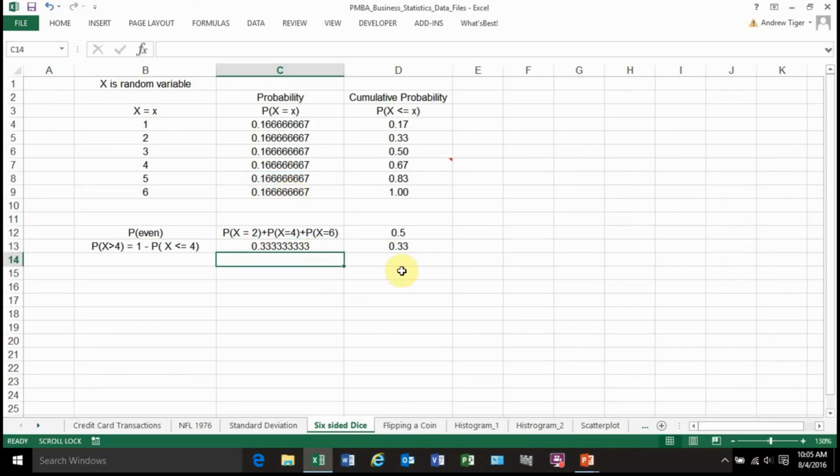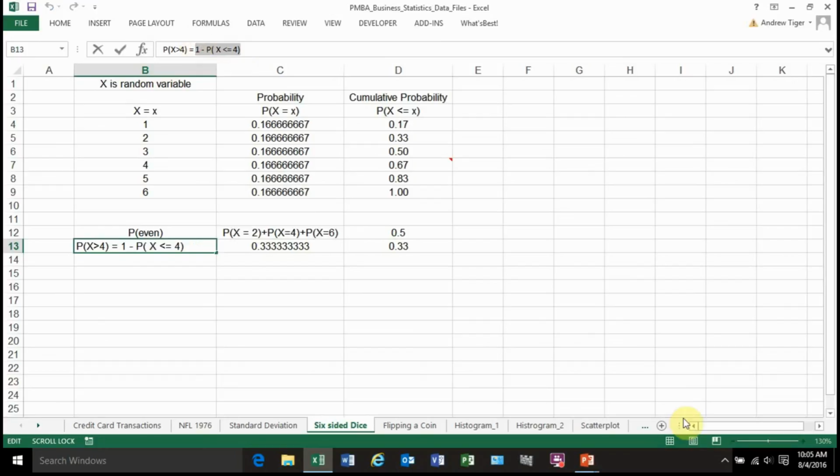But I promise you, thinking this way is going to help you as we move on to more complicated probability distributions. When you see the greater than, you can rewrite that in the form of a less than or equal to by knowing that the total probabilities have to sum to 1. So I would call this the right-hand side. The right-hand side is equal to 1 minus the left-hand side.